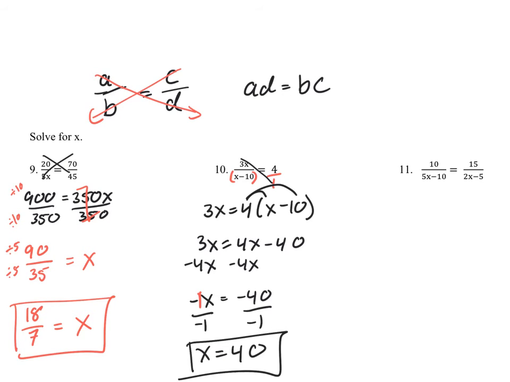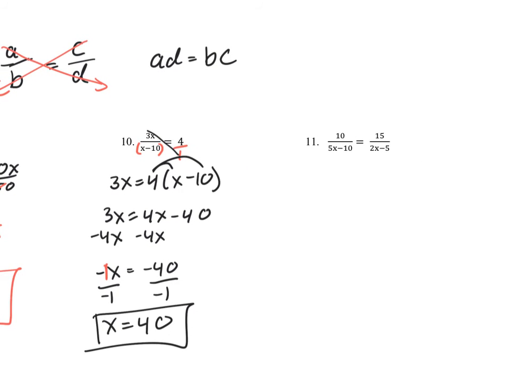Last example. Now I have two expressions in this equation that are not monomials, so I'm going to want to group them. Anytime you have addition or subtraction in here, you're going to want to group those so you make sure to distribute later. Now we can cross multiply. So we have 10 times the quantity 2x minus 5, and then we have 15 times the quantity 5x minus 10.